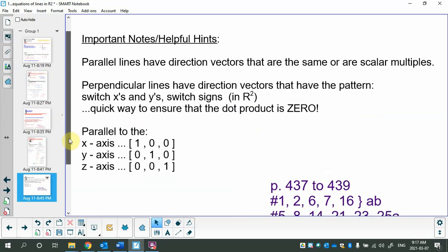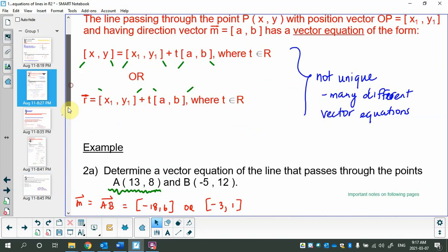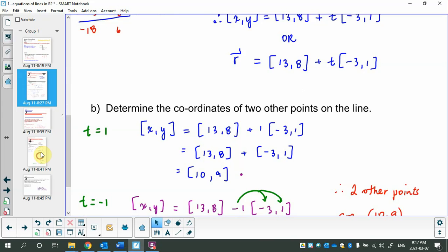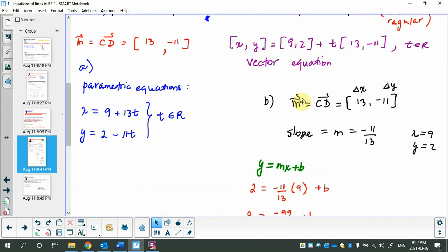Perpendicular lines, just for the future, have direction vectors that have the pattern switch the x's and y's and switch the signs. Now, maybe you know why that happens. I know why that happens. It's because in this example right here, when I magically turned my direction vector into my slope, it was y's on top, x's on the bottom.